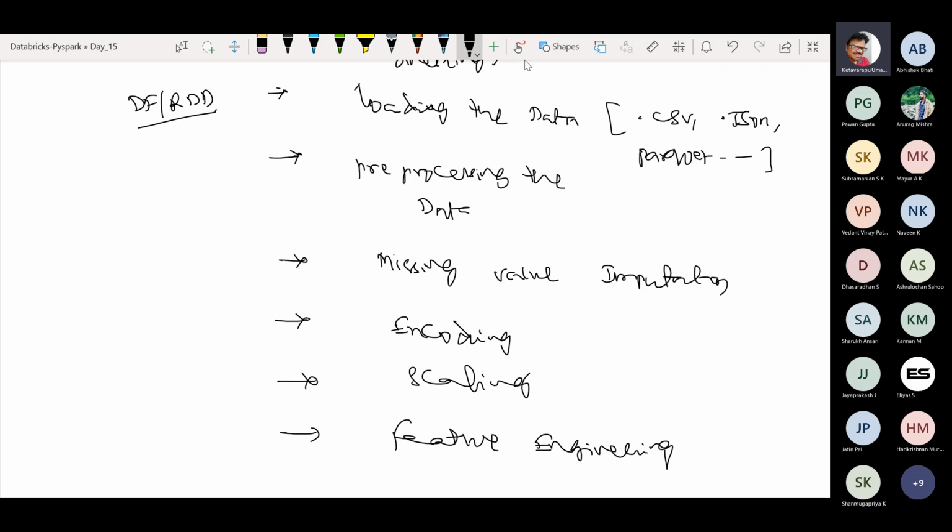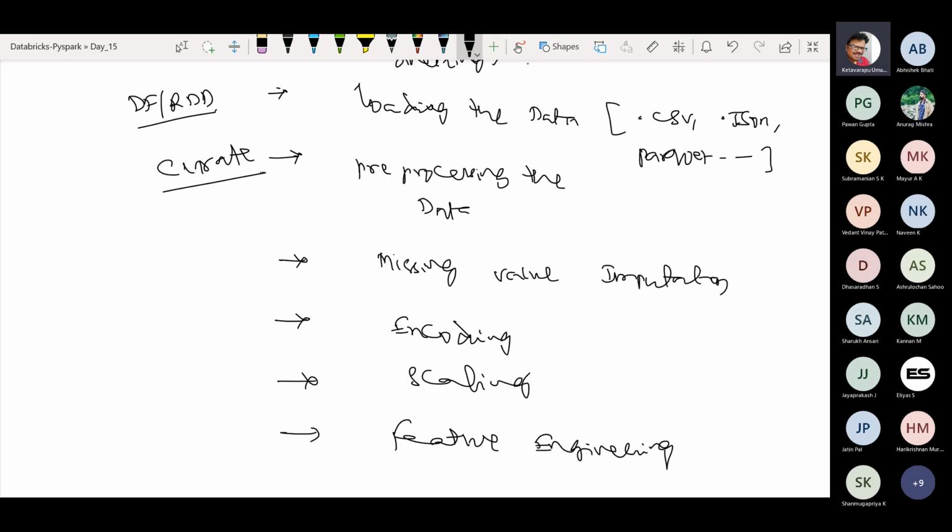Like, you have to curate the data, because if you consider the real-time data, friends, especially the log files and all, they are not in the proper shape. They are not in a usable format directly. So what you can do is perform some sort of pre-processing mechanism.